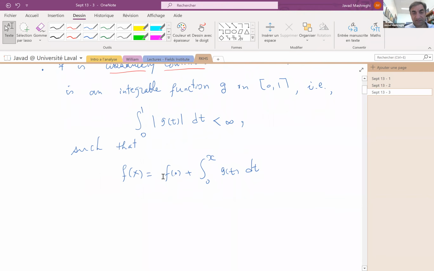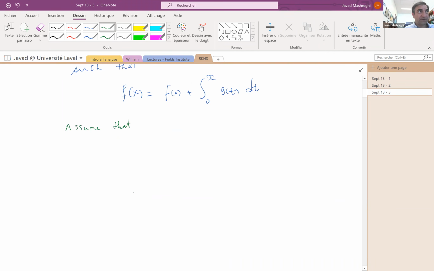Let's see what is the consequence of this. Assume that you have n intervals in [0, 1]. So here is 0, 1. One interval here, another one there, a little one there: (x1, y1), (x2, y2).